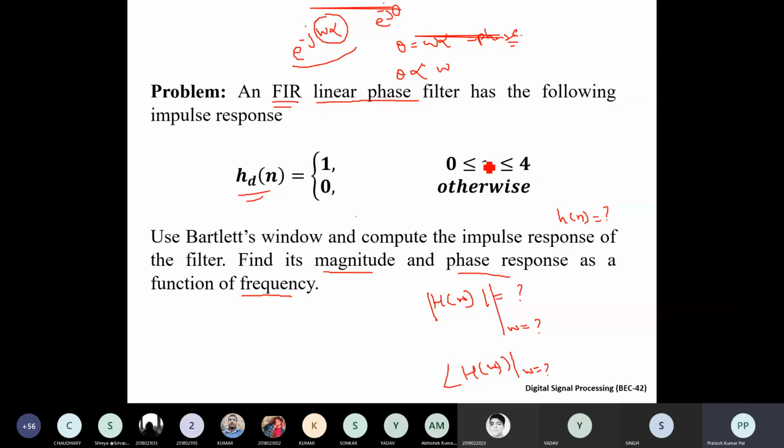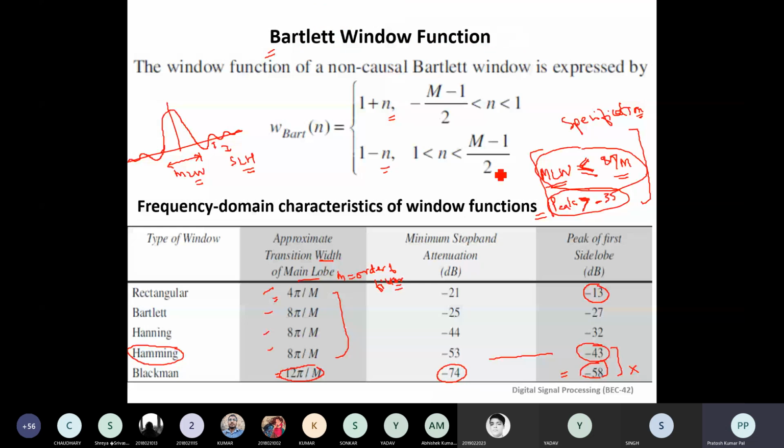So n is positive. For n equals 0 to 4, M minus 1 by 2 is 4, so M is given as, sorry, 9.